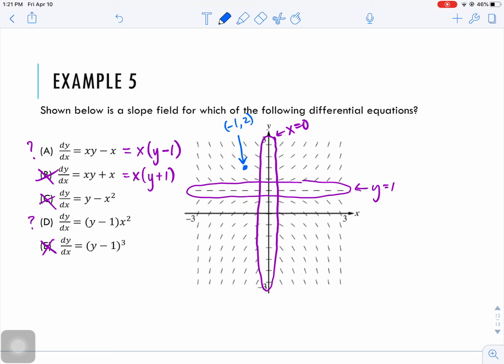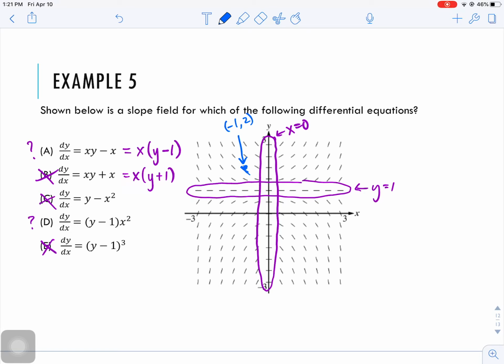I don't know much about that slope, but I can see that the line's going down, so we must have a negative slope at that point. So if I plug it into A, I would have the x-coordinate, which is -1, times 2 minus 1, which is +1. -1 times +1 is -1, so that's a slope that's negative, so that could still be a possibility.